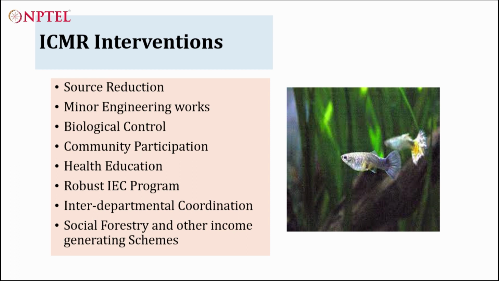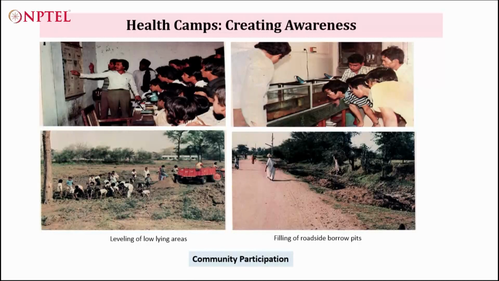Health education was again community related because you need to educate the people. A robust IEC program, I was discussing the IEC. So, it was a robust IEC program, and interdepartmental coordination, because we were taking support from other departments: education, irrigation, social forestry. So, they were all working together, and social forestry and income generating schemes were also used. So, these were the community related programs.